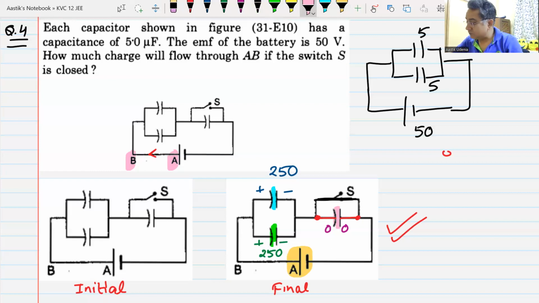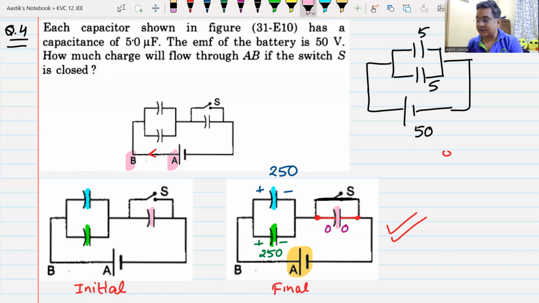These two are in parallel. 5 and 5 in parallel. How much does it become? 10. Very good. Then this 10 and this 5 are in series.